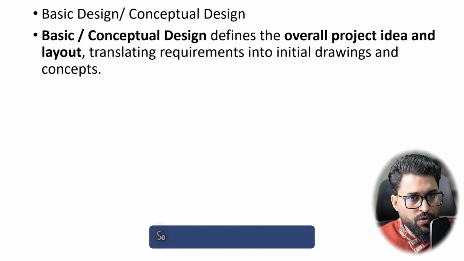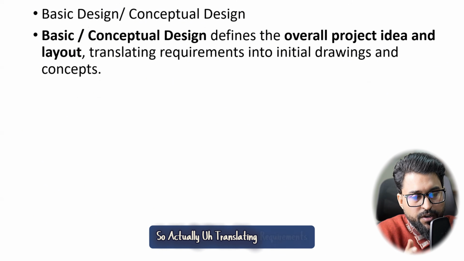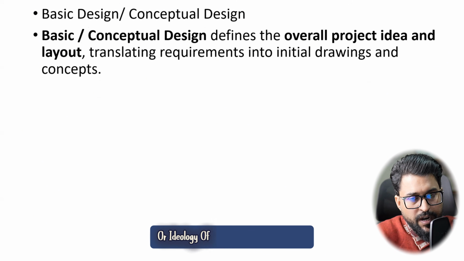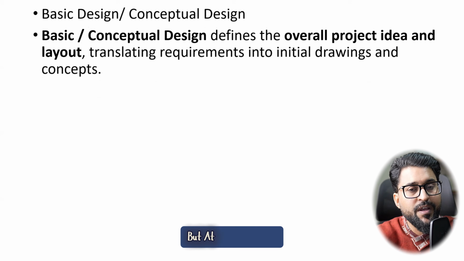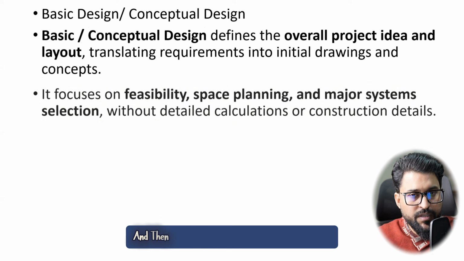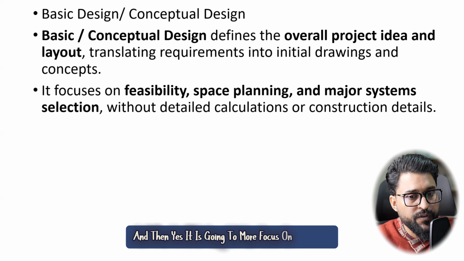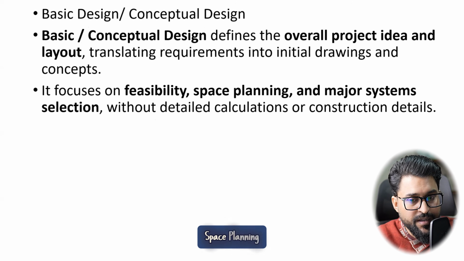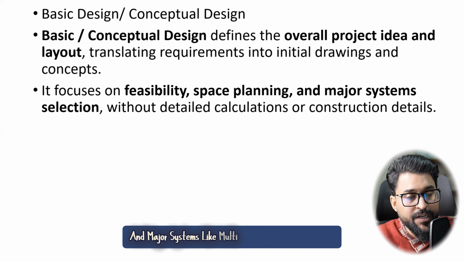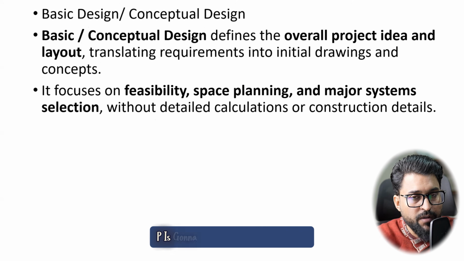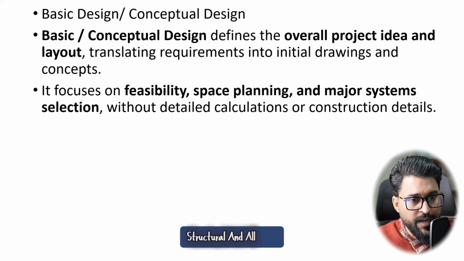So actually translating the requirements or ideology of the client into paperwork, but at a very basic level. And then, yes, it is going to focus more on feasibility, space planning, and major systems, the multidisciplinaries, like where MEP is going to fit, electrical, mechanical, plumbing, civil, structural, and all that.